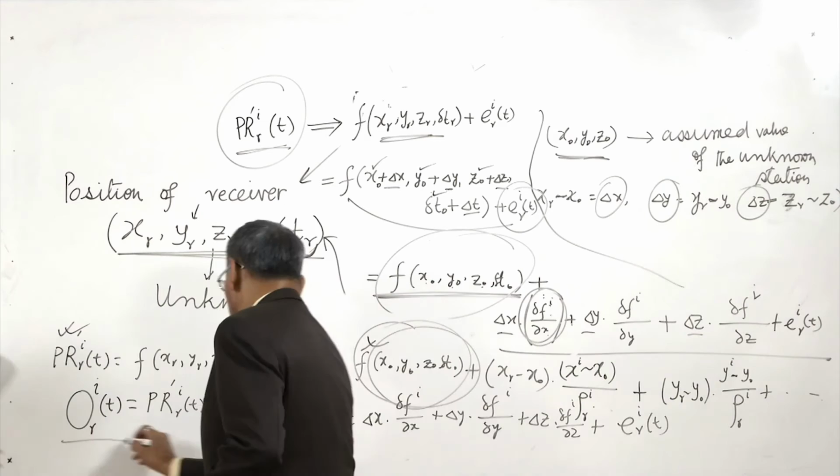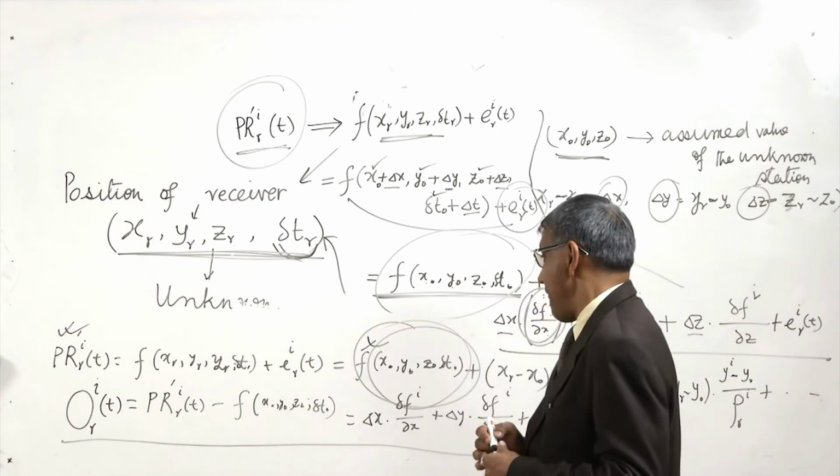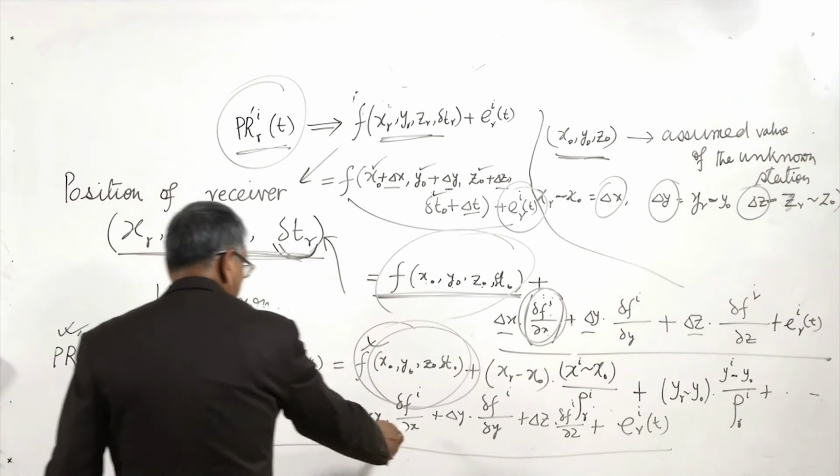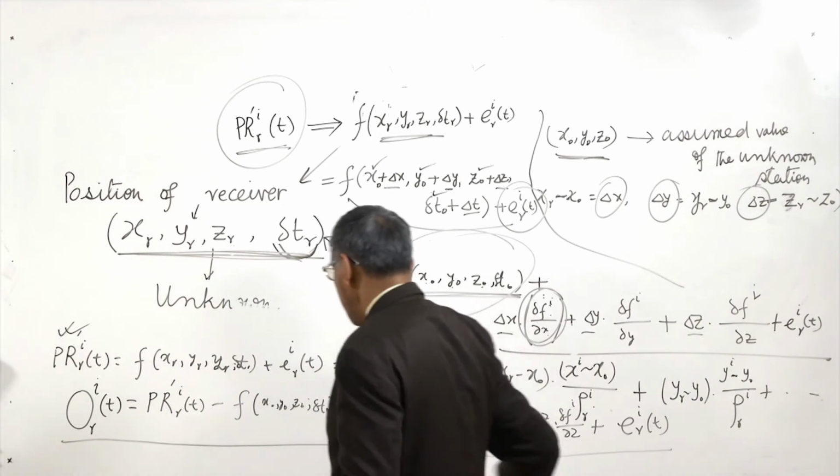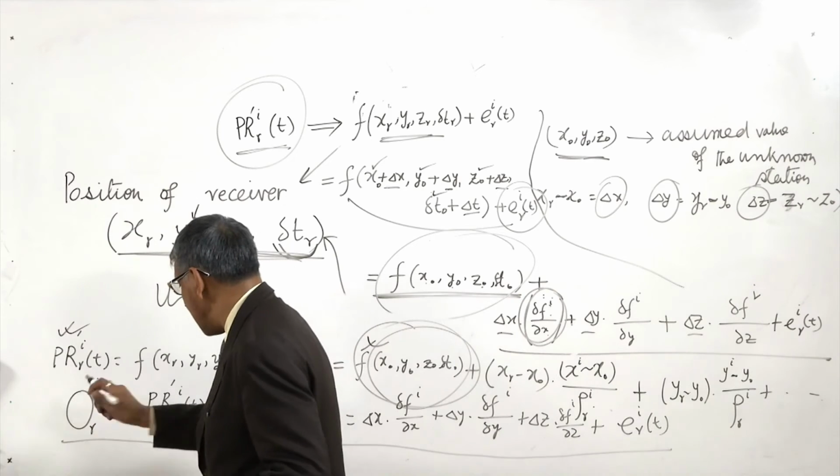So finally we got this expression, which is a linear relation. So we have done the linearization, and this is from only one satellite i.